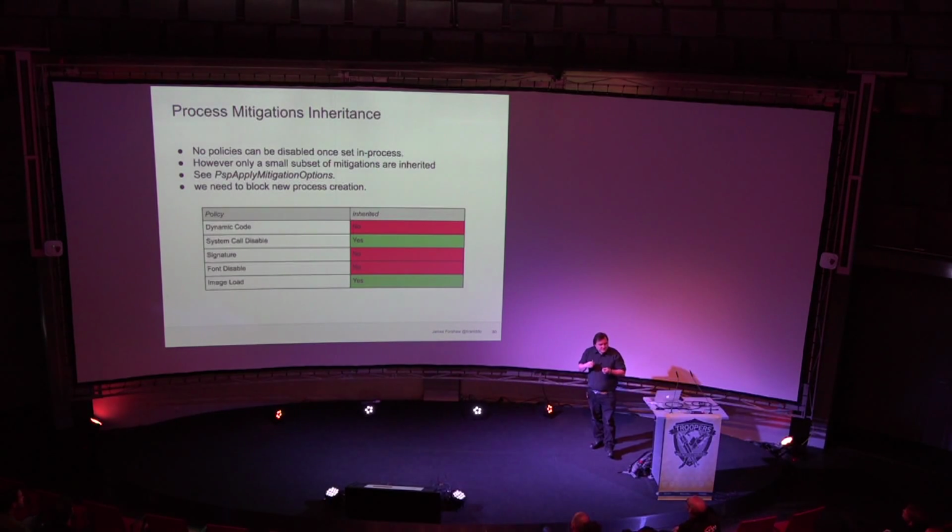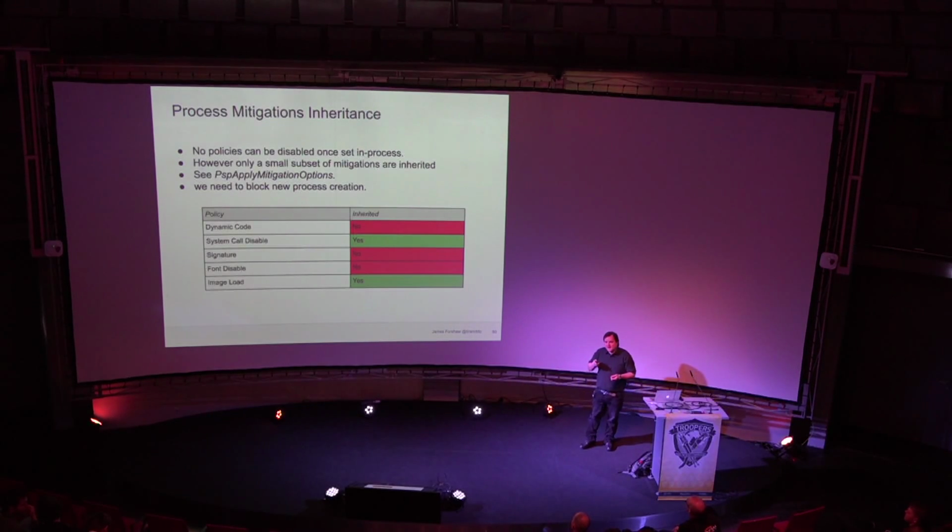Now, one of the strange, or I suppose intentional, behaviors of these mitigations is that once they're on, you can't turn them off. If you could disable system Win32k and then just turn it back on again, that wouldn't be much of a mitigation. That would be pretty easy to exploit. So when you set them, it checks: is it already on? If yes, access denied. You're not turning it back off. But what happens when you create a new process?